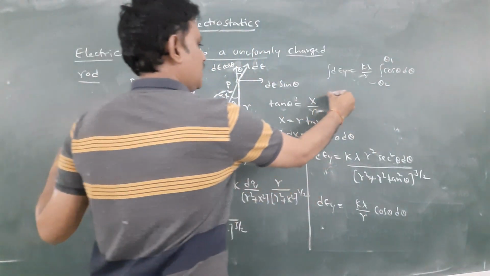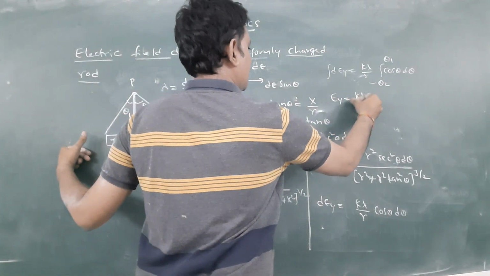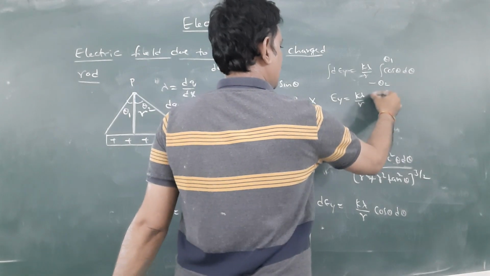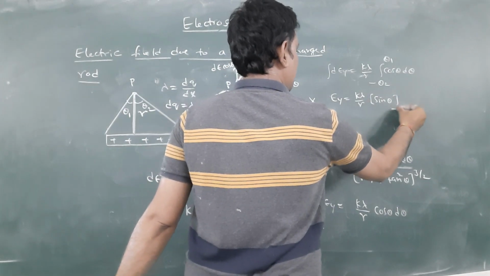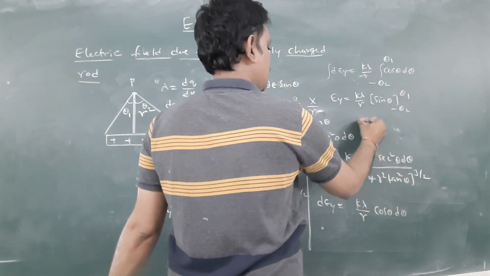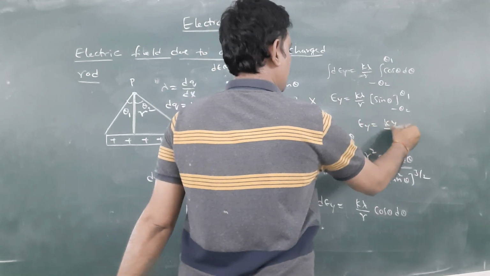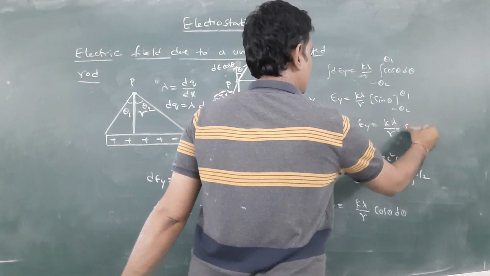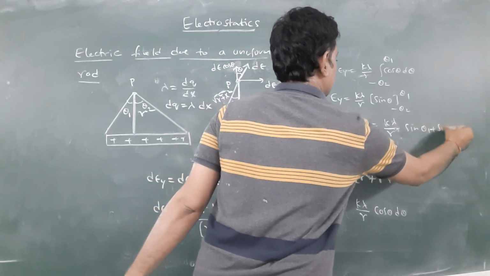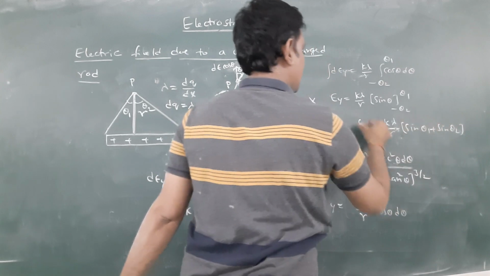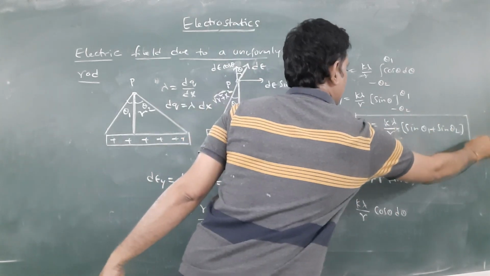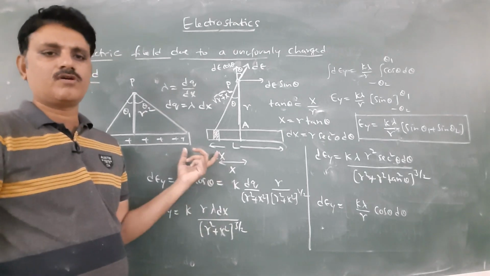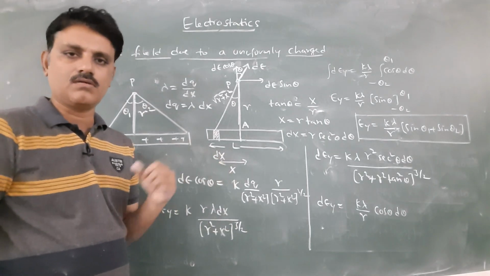So Ey is equal to k lambda by r into sin theta, with limits minus theta 2 to theta 1. Finally we get Ey is equal to k lambda by r into sin theta 1 plus sin theta 2. This is the y component of electric field with respect to the uniformly charged rod.